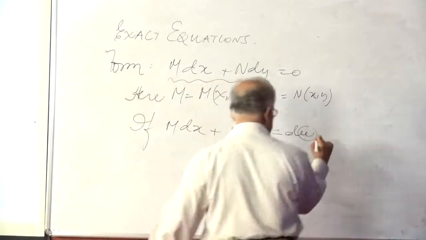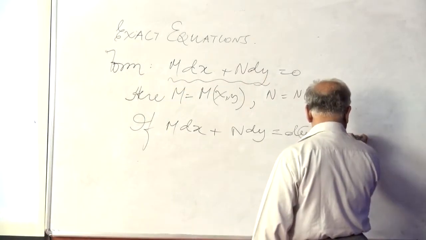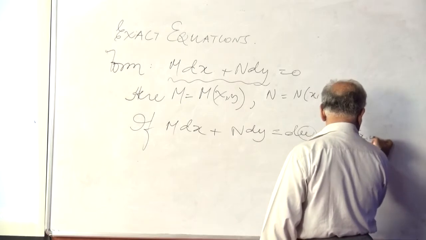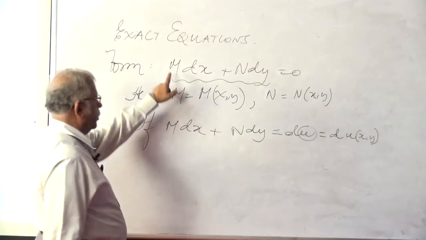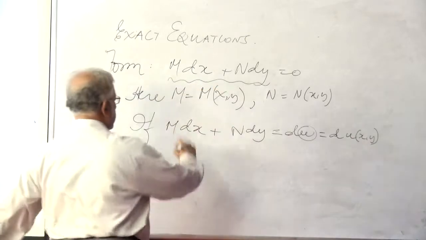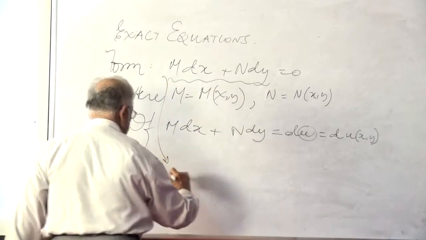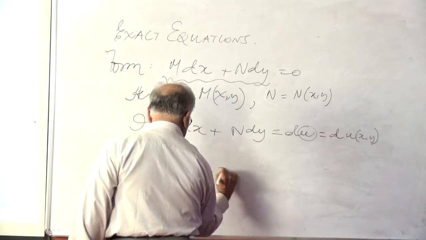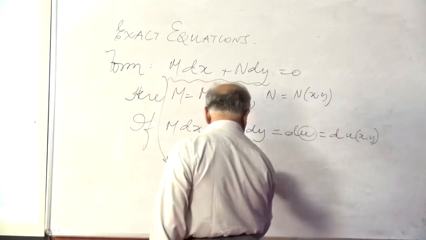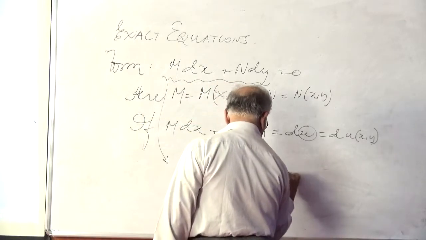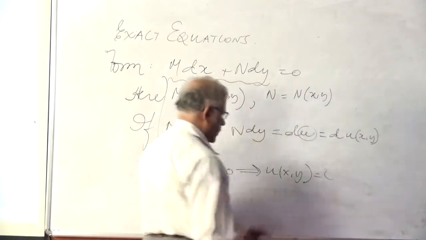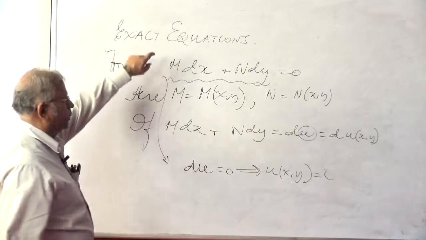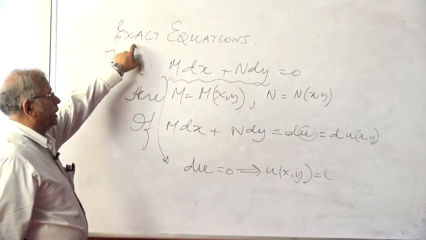So, this is du. If that happens, then the whole equation can be written as du is equal to 0.